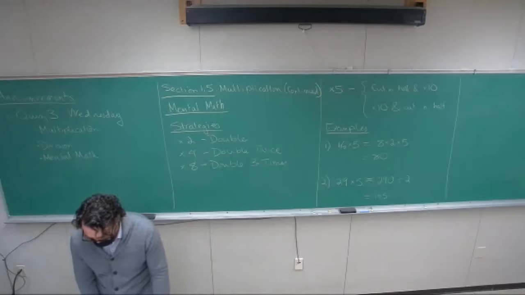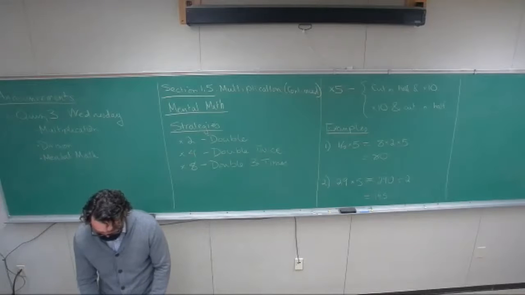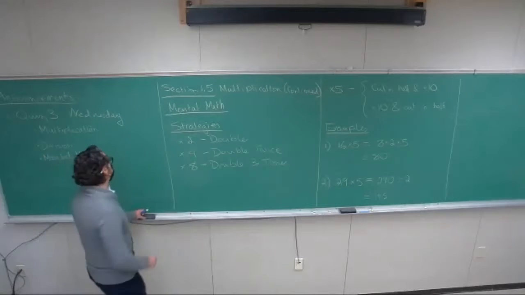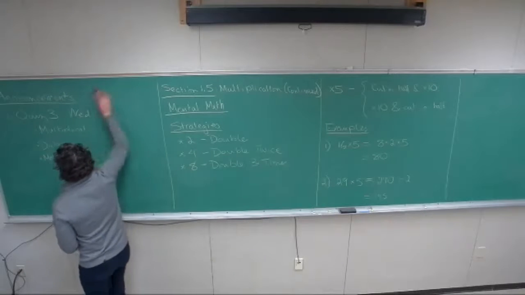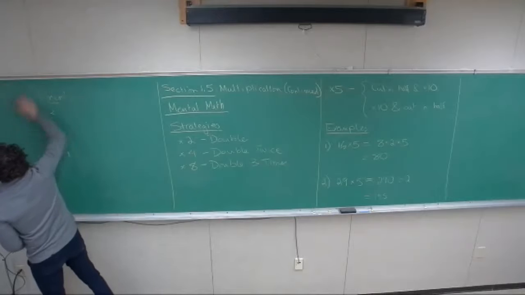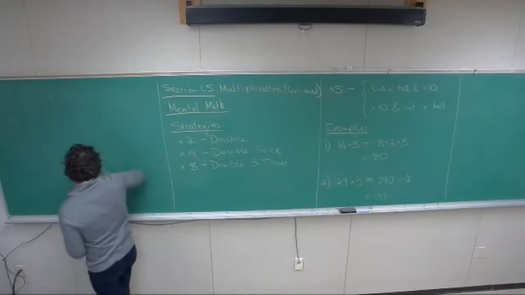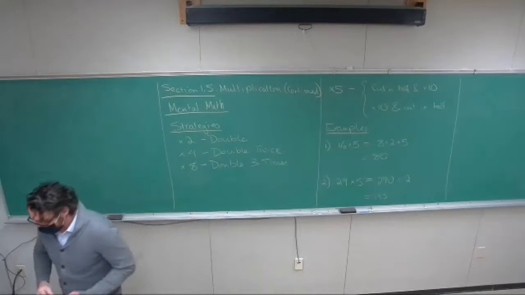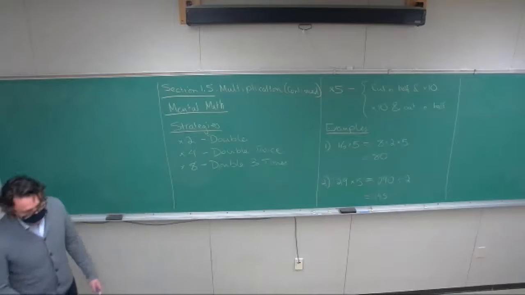You're not a computer. Computers can do it fast like that. But our strength is not doing computations fast. Our strength is thinking. So think about the whole problem and then decide your strategy.